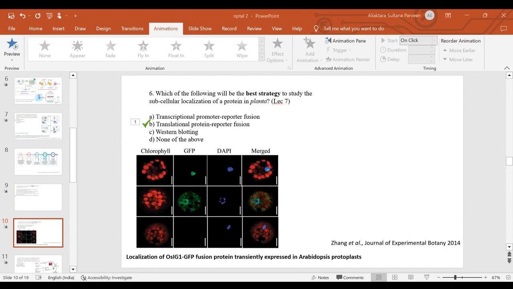It cannot be the promoter, because even though your promoter is active, it does not necessarily mean that it will give rise to a protein. And not only that, the protein which is getting translated might not necessarily be present near the promoter itself. It will go outside of the nucleus to get translated into protein.